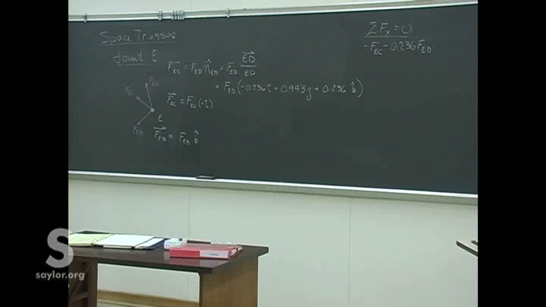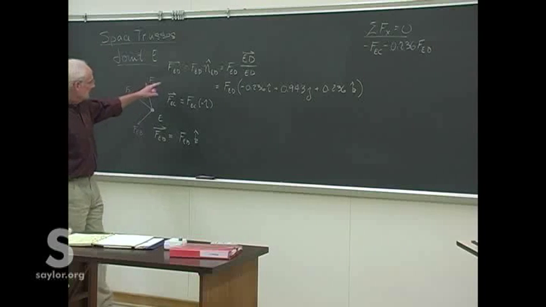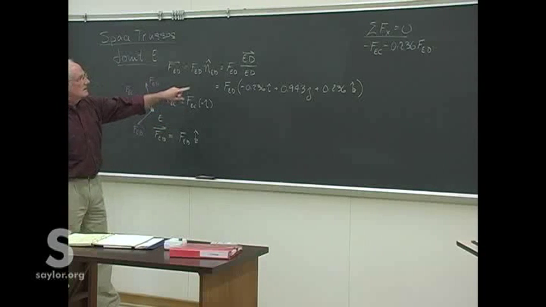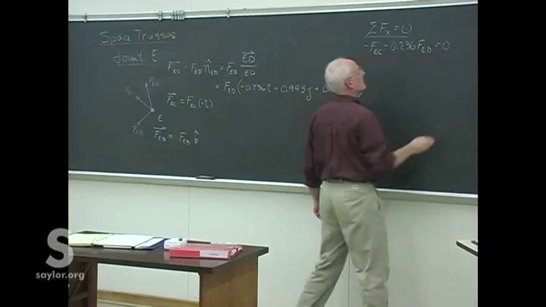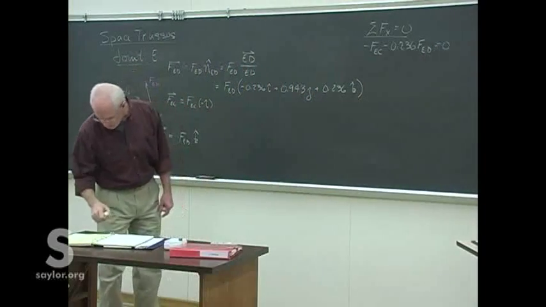Doesn't pay to do the left facing equals the right facing kind of thing because it's the 3D problem. It's easier just to add them all up. All the i components, we've only got those 2. So that equals 0.